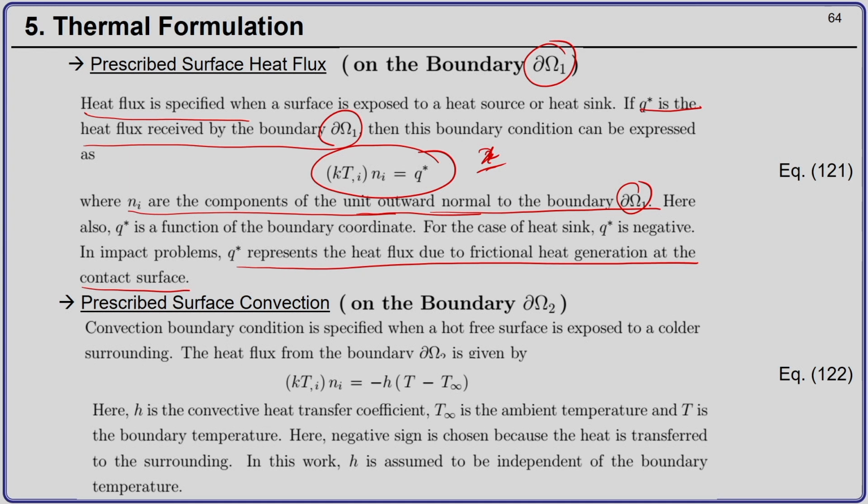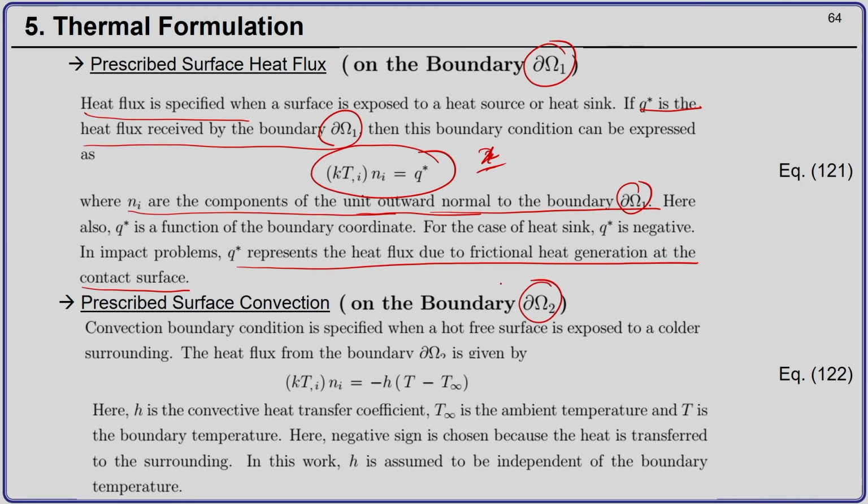And also, if your problem is such that convection also becomes necessary to take into account, then we also have the convection boundary condition given by equation 122 at boundary del omega 2.